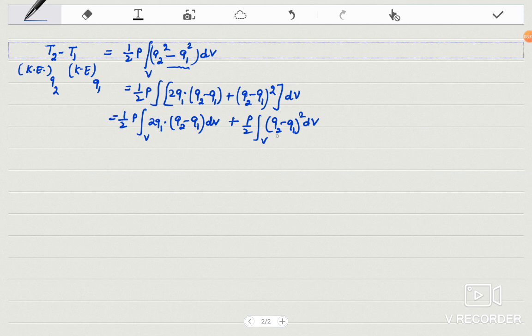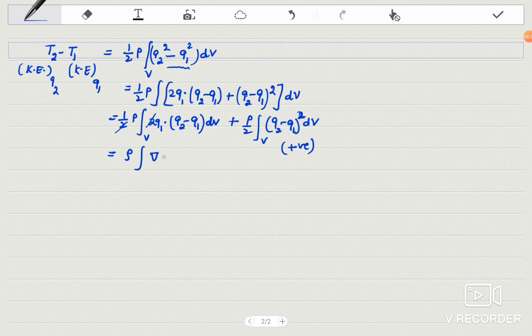Now the square of q2 minus q1 will always be positive for the volume V. Now we have to concentrate on this part. For this part, first of all, this 2 will cancel with this 2.